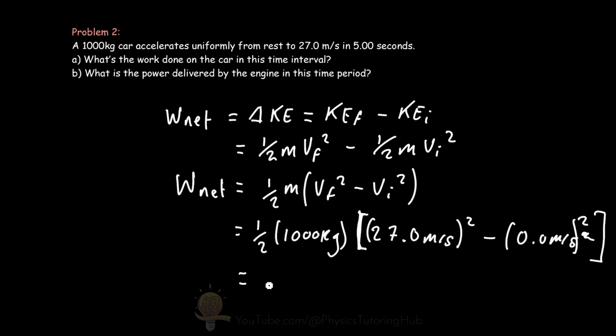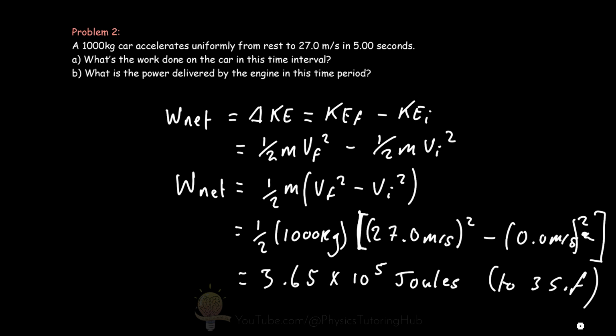And this gives us a final value of 3.65 times 10 to the 5 joules, to 3 significant figures. But we've performed this amount of work over a 5-second time period. And that's what we're going to do in part B. We're going to find out the power delivered by the engine over 5 seconds.